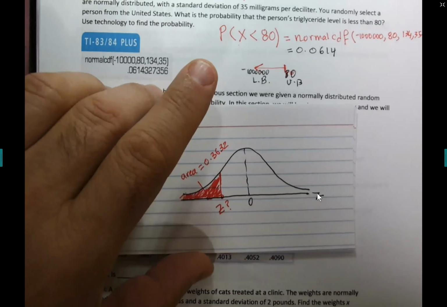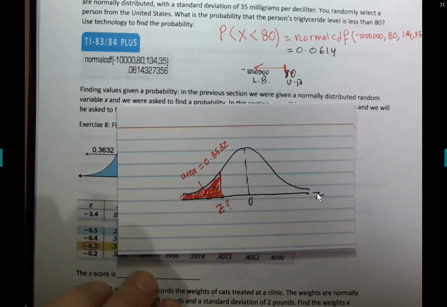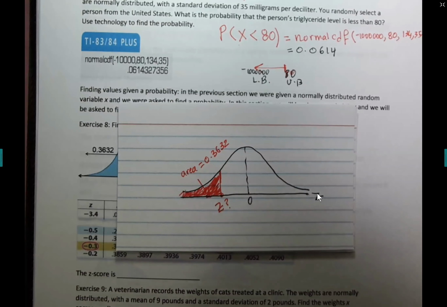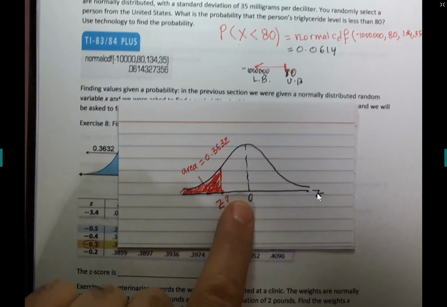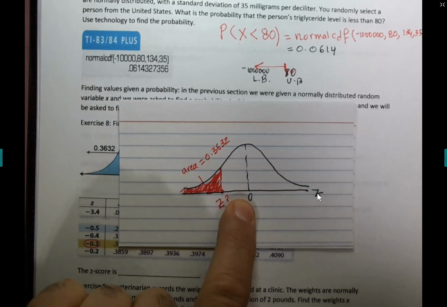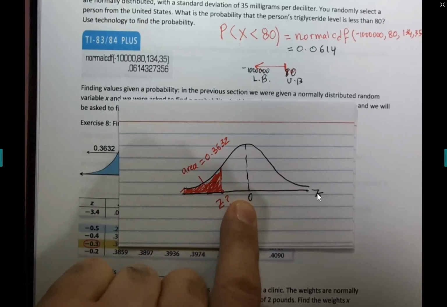Can someone tell me what you think the Z is? Is it going to be positive or negative? Negative. Why? Because it's to the left of 0. Definitely. But probably you cannot guess what this one is going to be. Does anyone have a guess what Z could be? An estimated value?